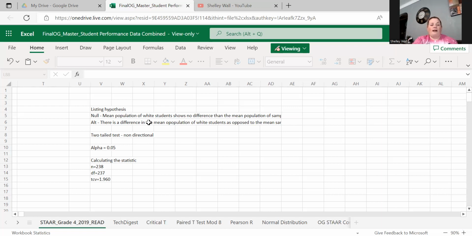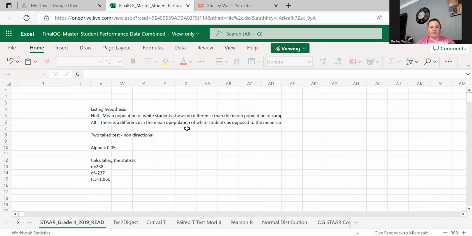After I've listed my hypotheses, the next thing I need to do is select a test, which we'd previously referred to. In general, we said that we wanted to look at a t-test, but we need to be specific here and narrow it down. We're going to use a two-tailed test because your deviation and your correlations and your statistics could go one direction or the other.